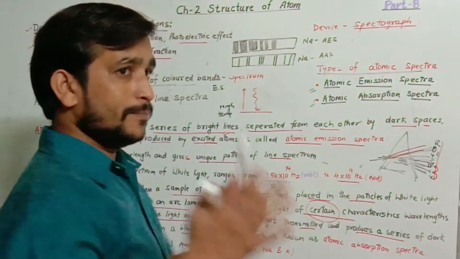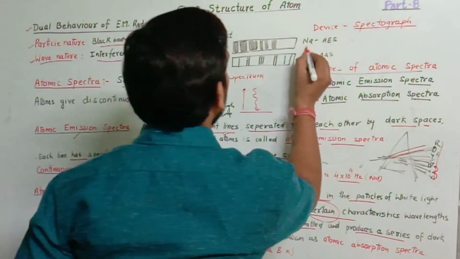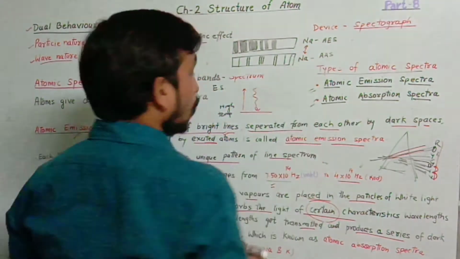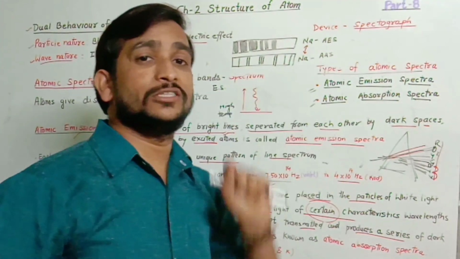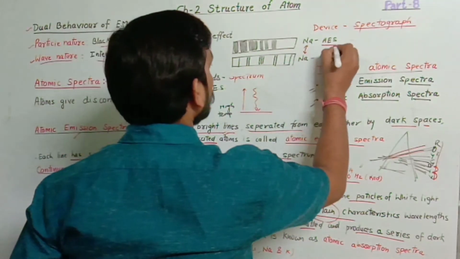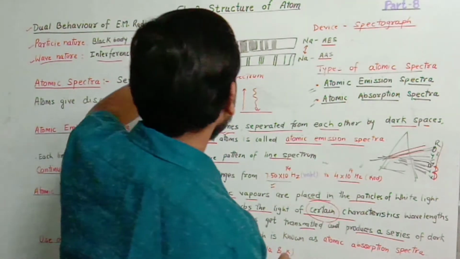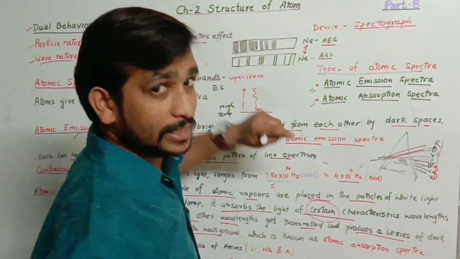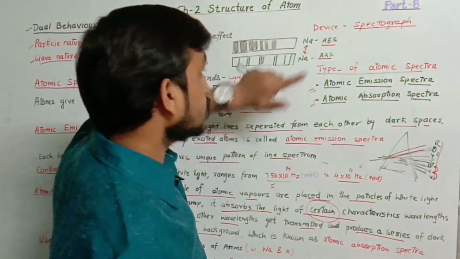There is one more important thing: in case of a similar atom, the wavelengths or the lines are formed at the same interval. Means whether we are talking about the atomic emission spectra or atomic absorption spectra, the lines are forming at the same interval. This is a very good characteristic of any atom in both the spectra.